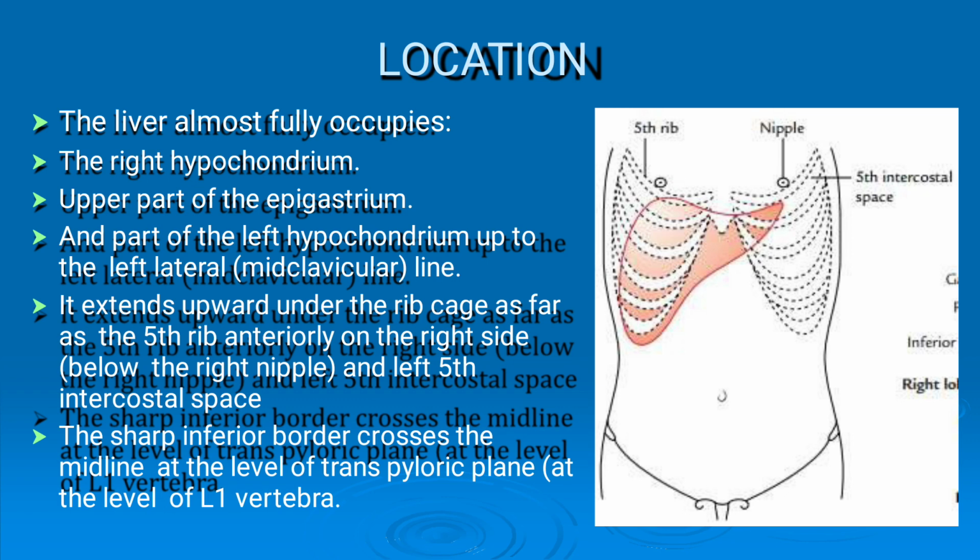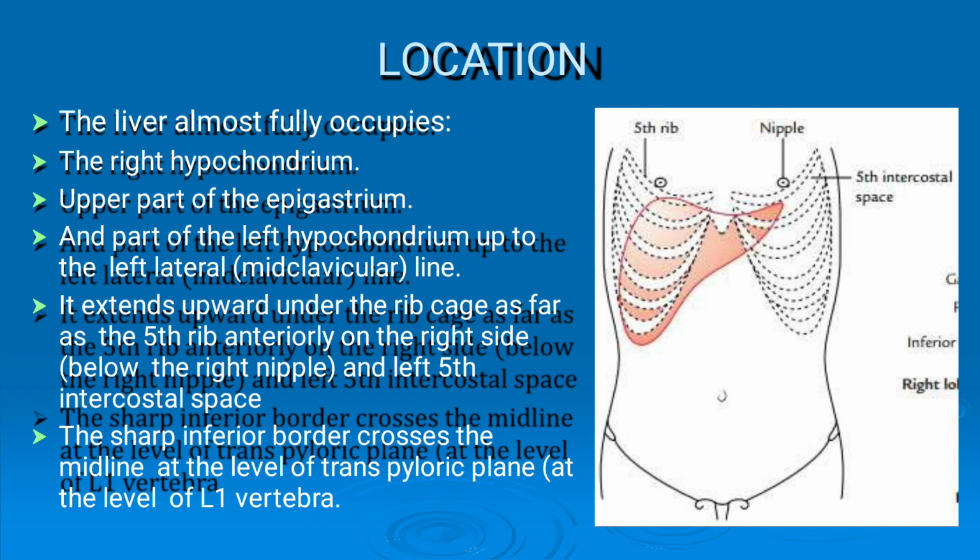We already discussed in the previous class, when we started, the regions of the abdomen. You can call them the nine regions present in the abdomen. The right hypochondrium and the upper part of the epigastrium.